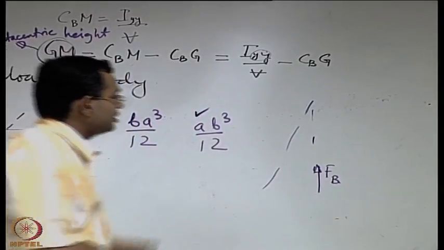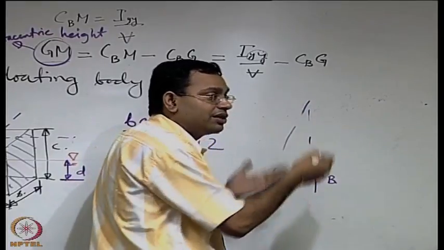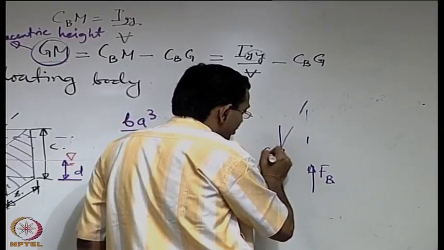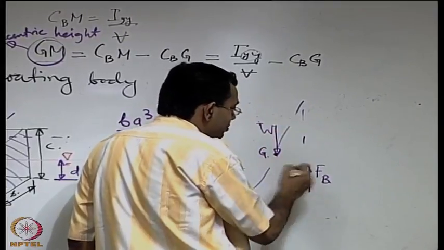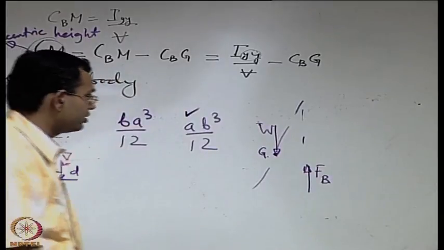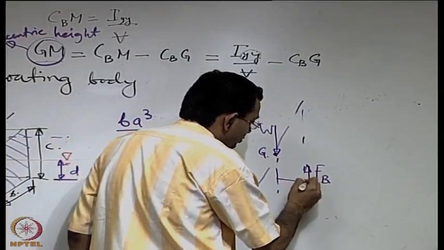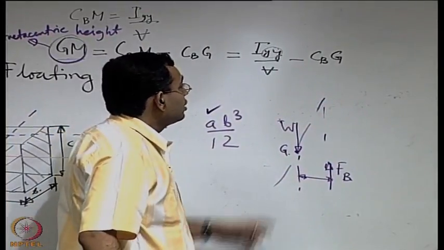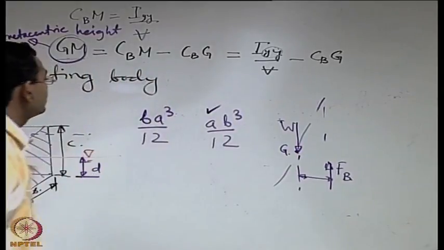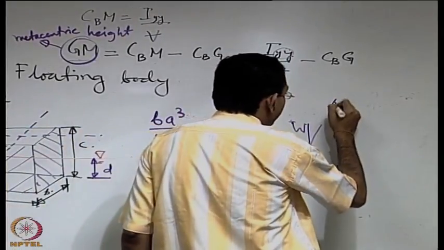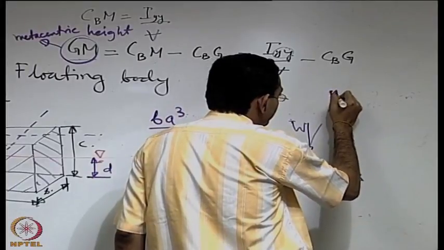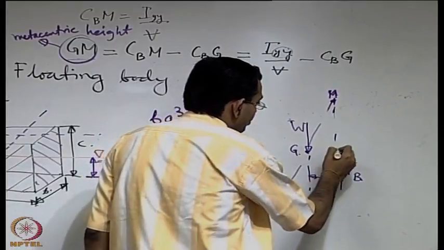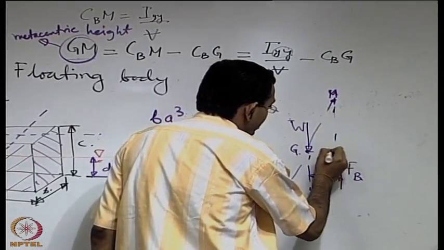So it is not this force individually which is important, it is the couple moment that you are having, the so called restoring couple. So you also have the weight W, and it is basically the couple moment of these forces that you need to consider. So the perpendicular distance between these two, in terms of the metacentric height, could you express this? If you have this as the metacenter M, we are interested in this distance.